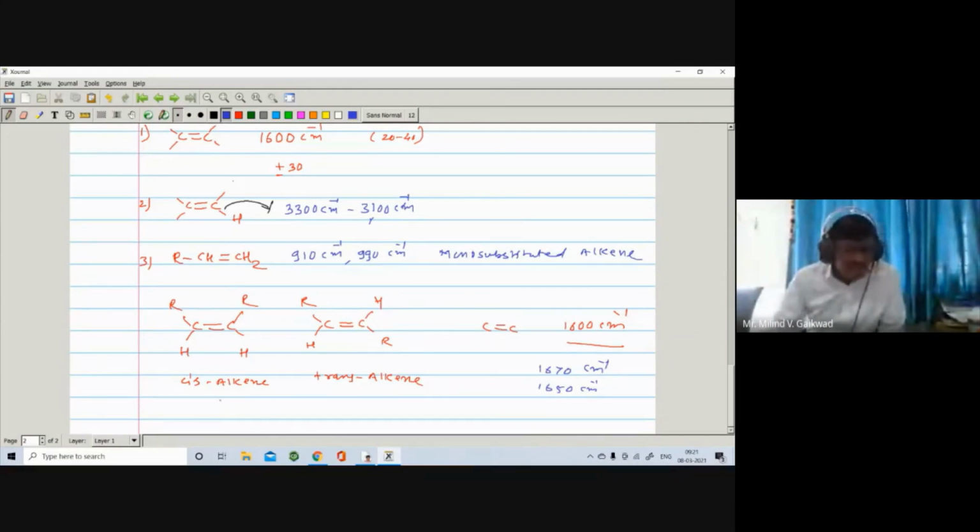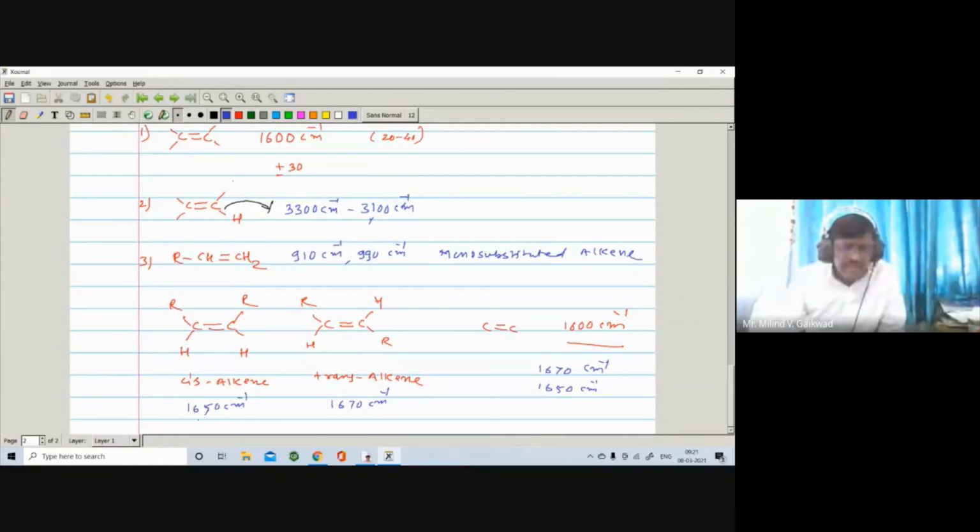Trans will appear at 1670 centimeter inverse, and cis will appear at 1650 centimeter inverse.